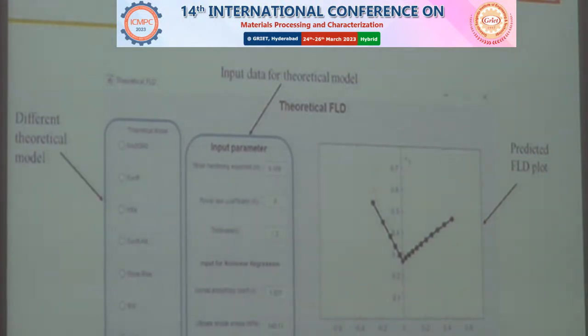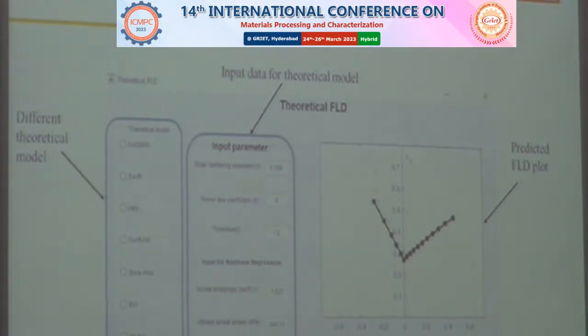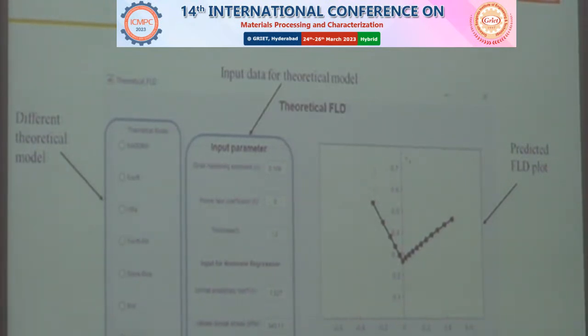There are also some theoretical methods, theoretical models, to develop forming limit diagrams. Some of the theoretical models we implemented in this software so that people can use the theoretical forming limit diagrams in order to evaluate the strains. Once the strains are measured, they can superimpose them over this forming limit diagram and check whether the formed component will be safe or not.